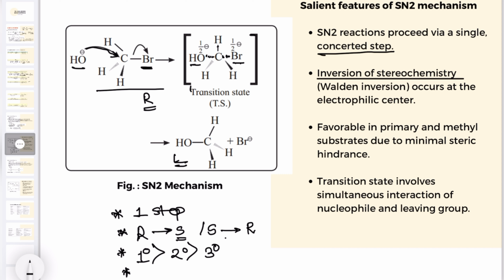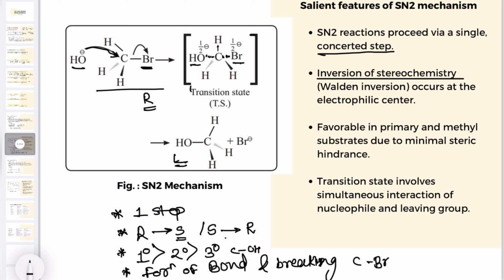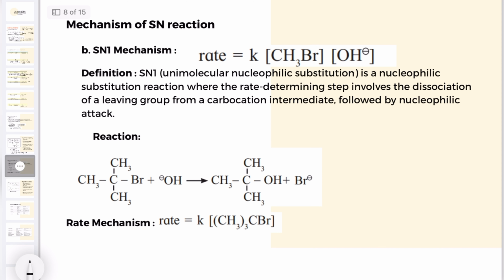Both formation of bond and breaking of bond take place simultaneously. Breaking of which bond takes place? C-Br. And making of which bond takes place? C-OH. OK, this takes place simultaneously. This is up to the SN2 reaction.